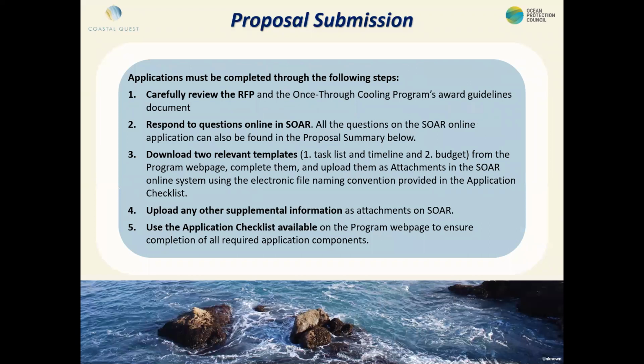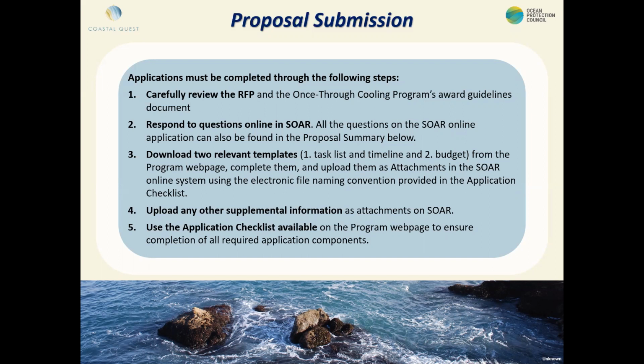So the applications must be completed through the following steps. First, carefully review the RFP and the Once Through Cooling Program's award guidelines. You need to respond to all questions online in the SOAR system. All the questions on the SOAR online application can also be found in the program summary below that we've provided.